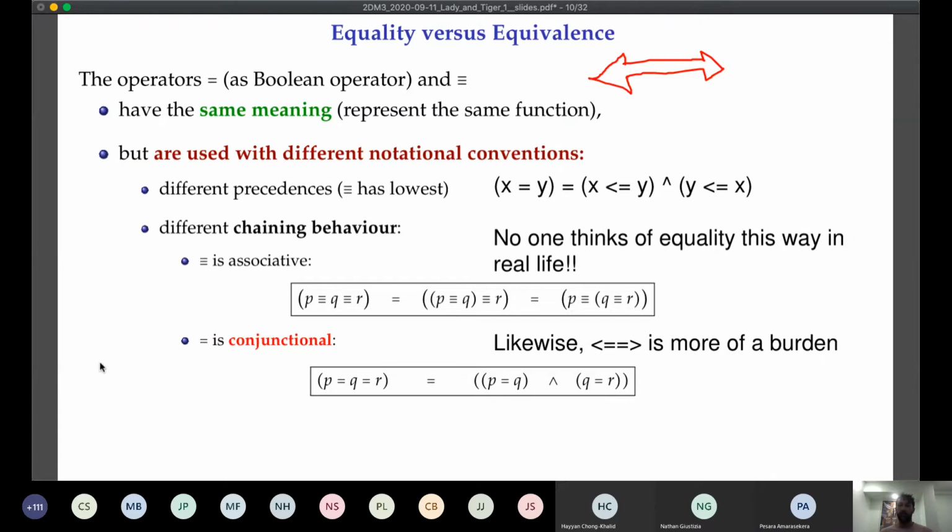Because it makes you think to show these 2 things are equal, I have to show this one implies the other and that one implies the other. And that's not practical. When you're doing your classes, like in first year calculus, and you say this integral is equal to 5, do you show that the integral is at most 5 and 5 is at most the integral? No, you don't do that. You try to simplify the integral till you get to the number 5, right?